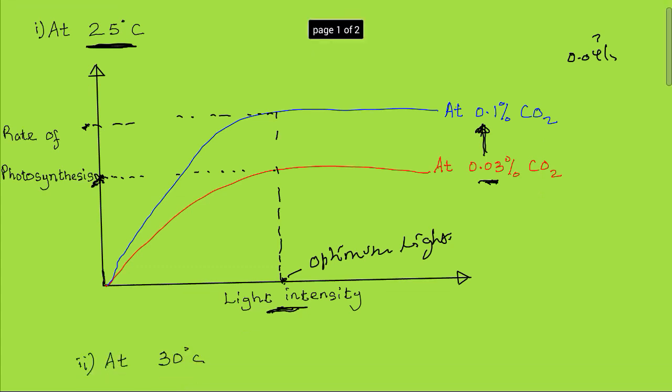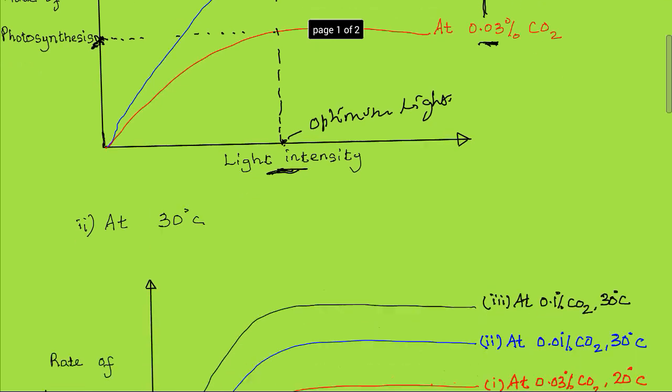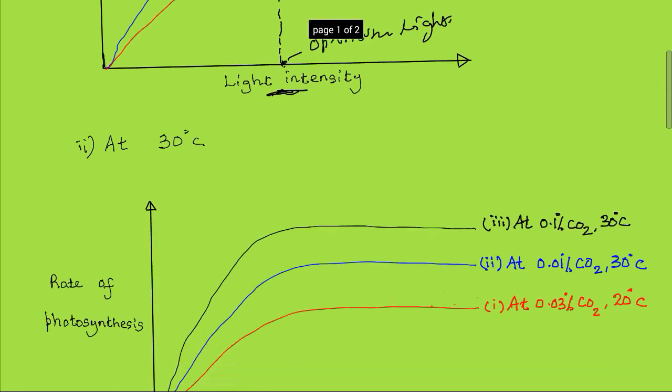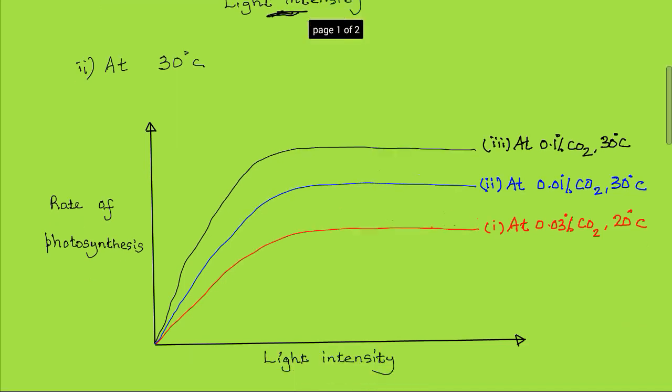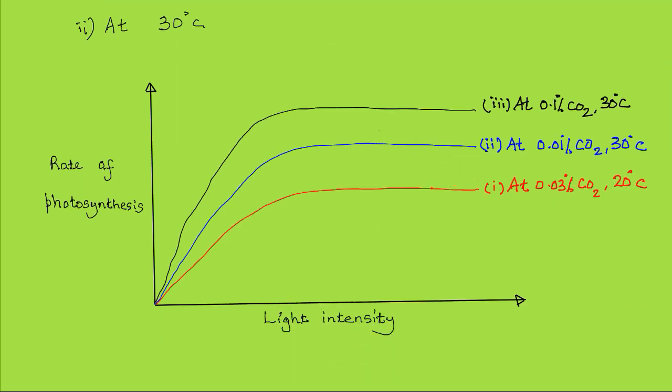And if you increase the CO2 level further, but at the same temperature, the rate will also increase to a higher point. So you can say that in curve 2, the temperature is not limiting, but compared to curve 1, the temperature being higher, it produces a higher rate of photosynthesis. CO2 level is also higher, so this will together contribute to a higher rate of photosynthesis.